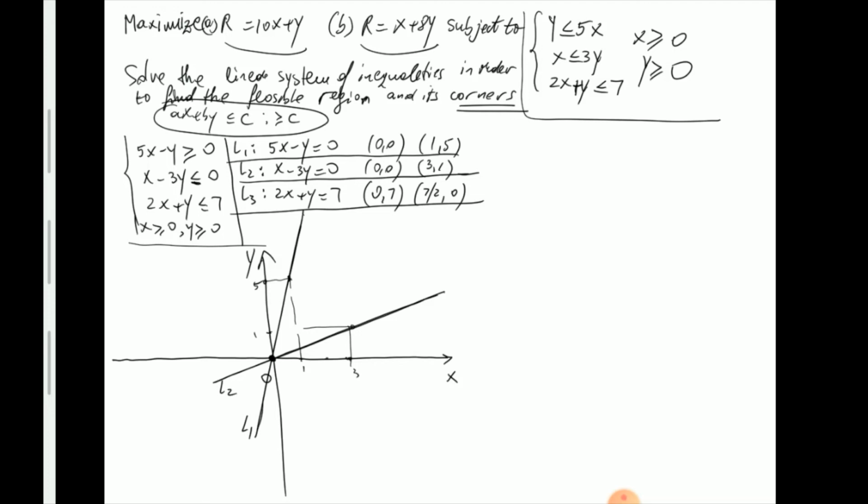And the other line goes to the point 0, 7 and 7 over 2, 0. So 0, 7, I have to make this a little bit higher up here. So 7 should be over here. That's 0, 7. And the other point is 7 over 2, which is like 3 point something, and 0. Let's say 7 over 3 is over there. And so that's the other point.